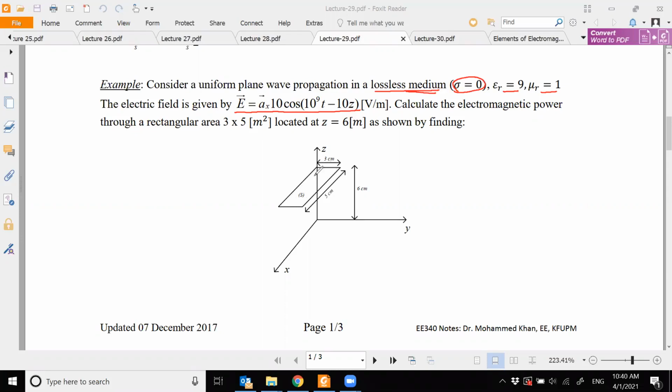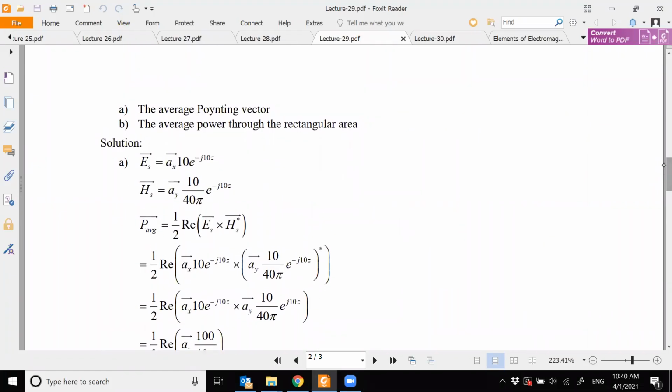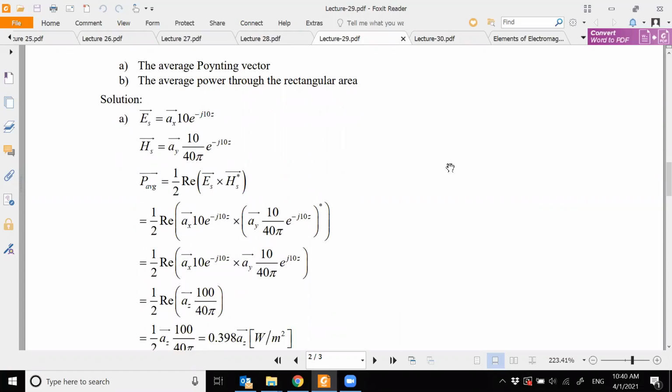We need to find the electromagnetic power crossing this rectangular area. So how do we address this problem? First, because the electric field is given to us, I will find the magnetic field, since I know the relationship between them.